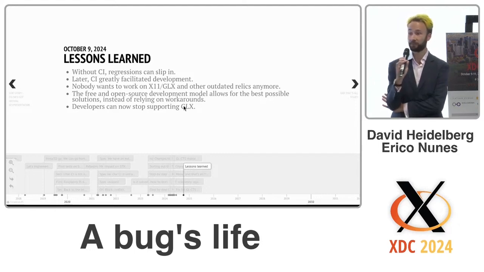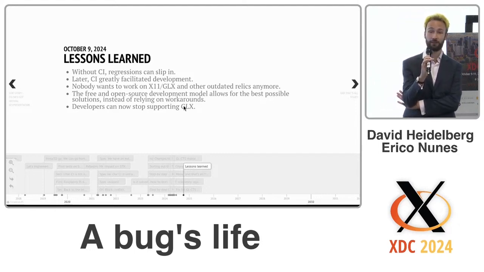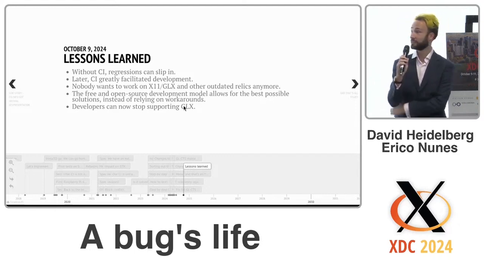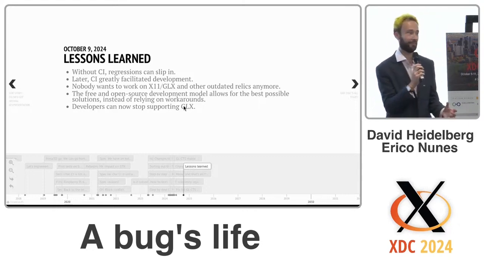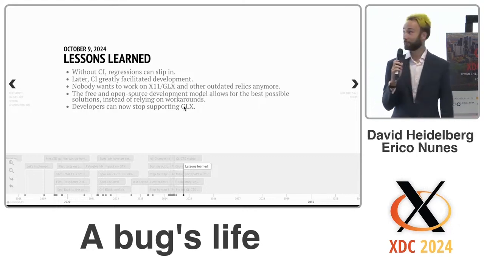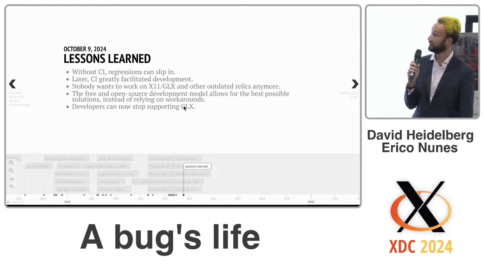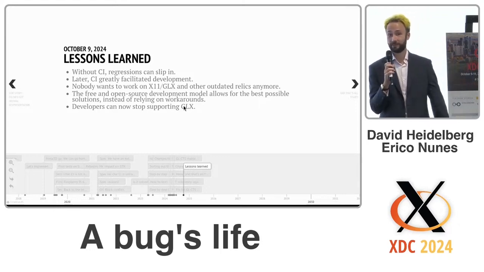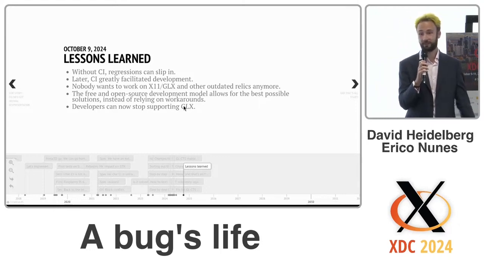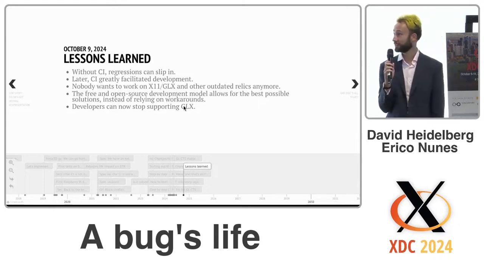If you have the history, if you have the pipelines, if you have the issues, you can grab onto something and make it work in the end. And okay, the best news at the end is there is no reason currently to use GLX. I think even on X11 you can drop it. It's fine now.